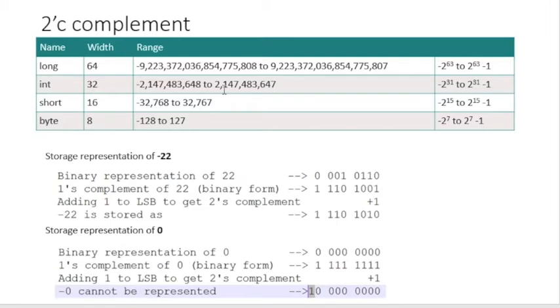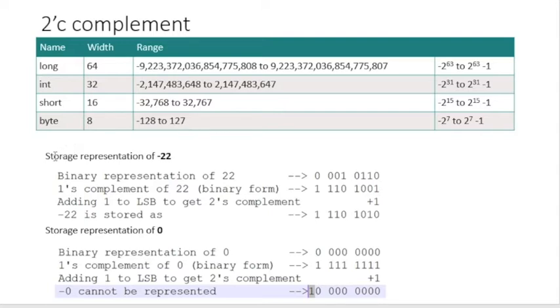Now in 2's complement, if you see the ranges for byte, short, int and long, the positive is 127 while the negative is one more, 128. It is the same for all: negative has one more number that it can store on the negative side than what it can store on the positive side.